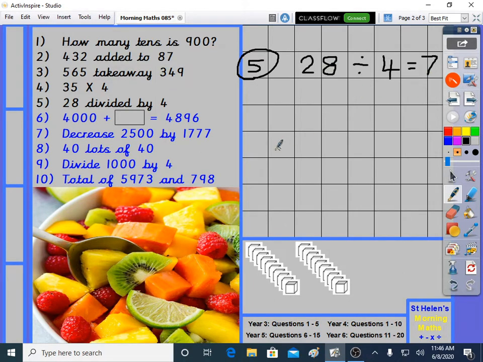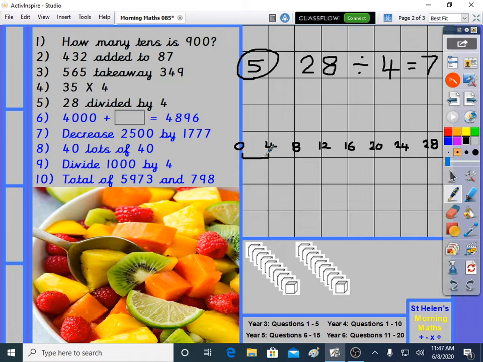I'm going to draw a picture of this. When I start my times table song, we don't really say 0, but we kind of start on 0 because the first number we say is 4. Remember what I sang? 4, 8, 12, 16, 20, 24 and 28. I stop at 28 because that's the number we're dealing with.